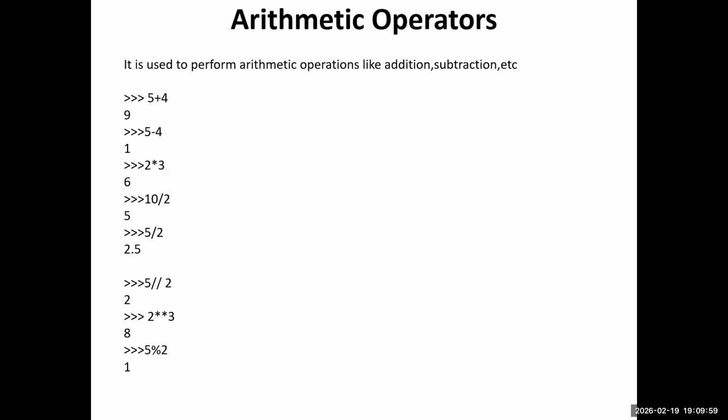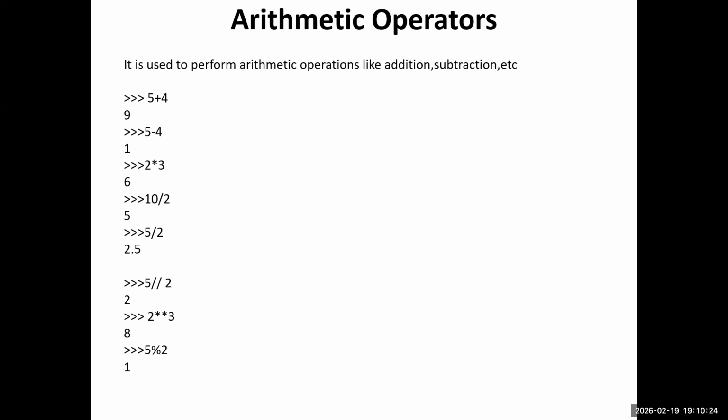Division we can perform in three ways. One, the result of the quotient is a fractional number. Another, the result of the quotient is a whole number, and you can print the remainder during the division.